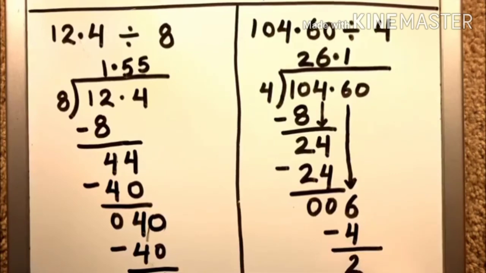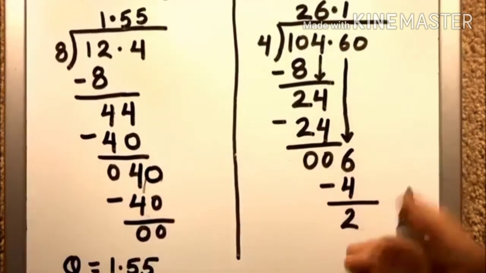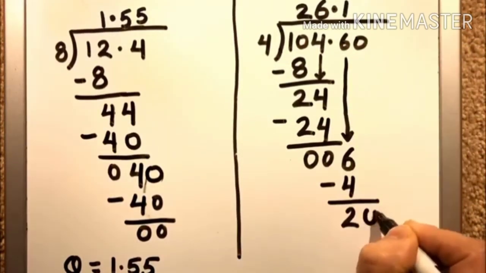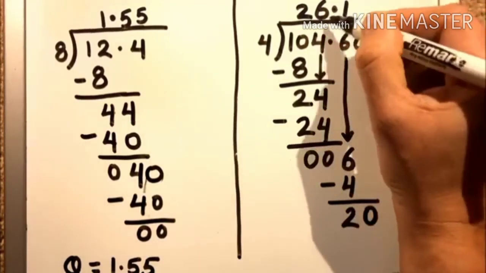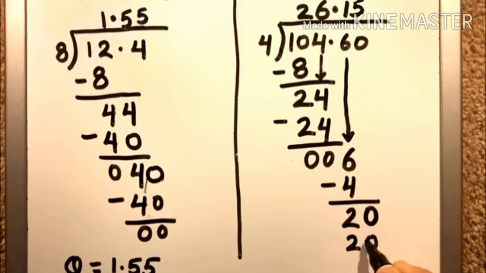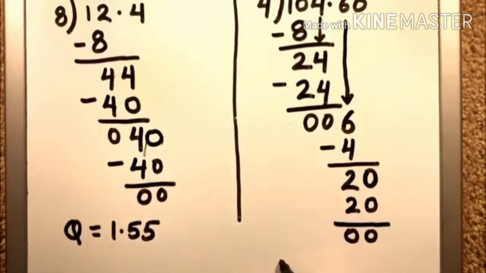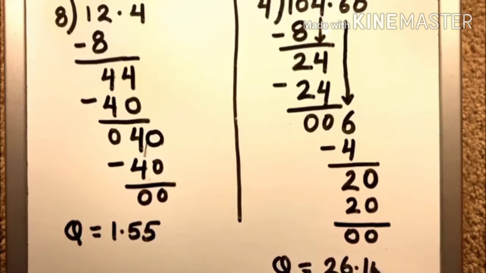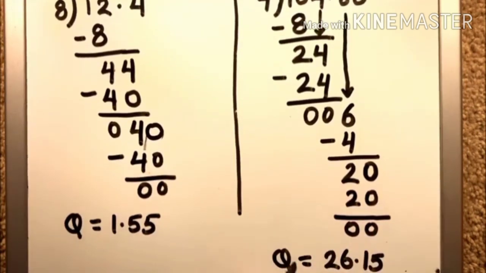So we get the remainder as 2, and then we drop down the last digit, which is 0, and 4 times 5 is 20. So the remainder is 0. So the quotient in this case is 26.15. In this way we do decimal division.